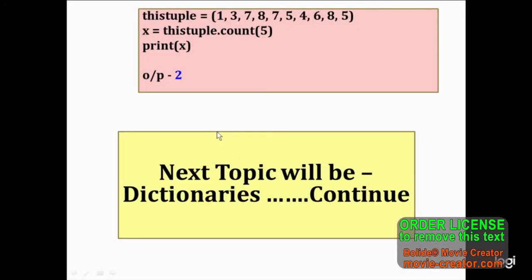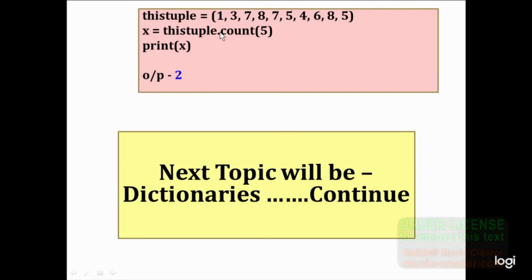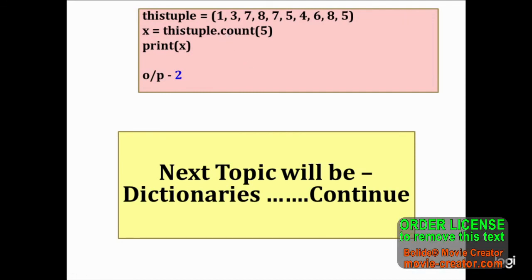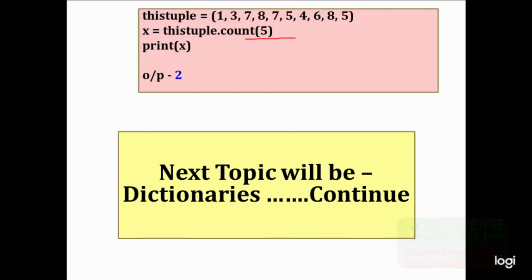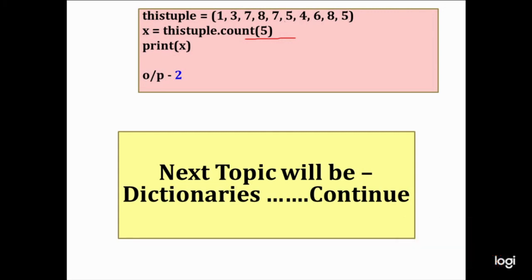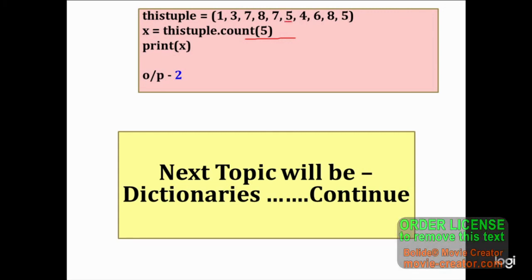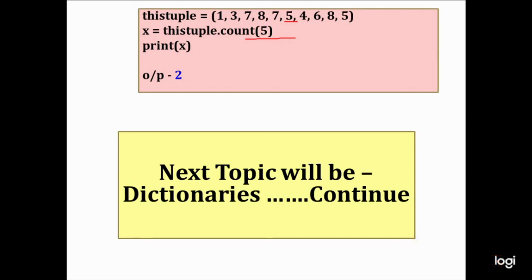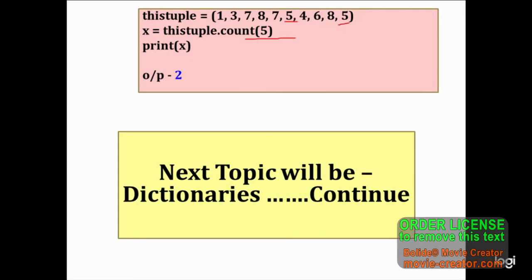Now count. Count is an important function of tuple. Here in the question I have asked for the count of the item at the 5th position. 0, 1, 2, 3, 4, 5. At the 5th position, 5 is here, and the occurrence of 5 is 2 times, here and here, so the count will be 2.